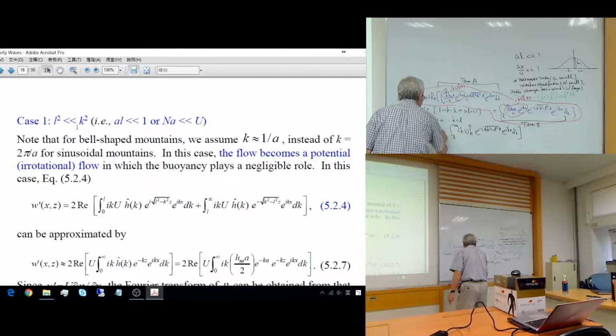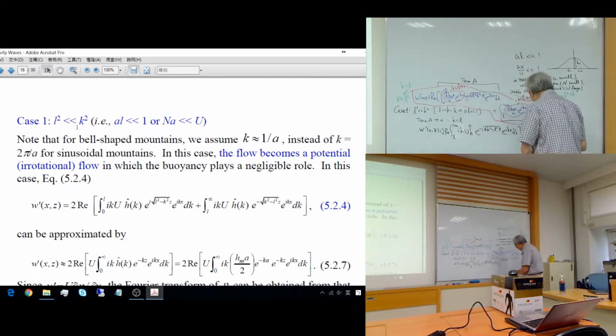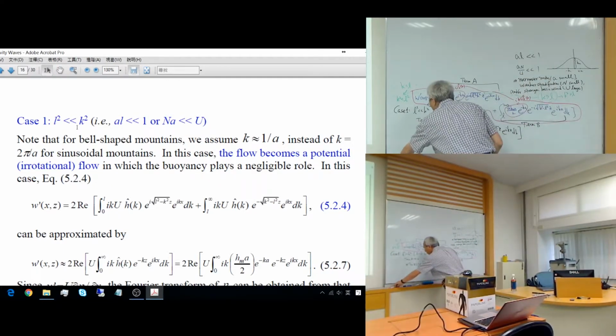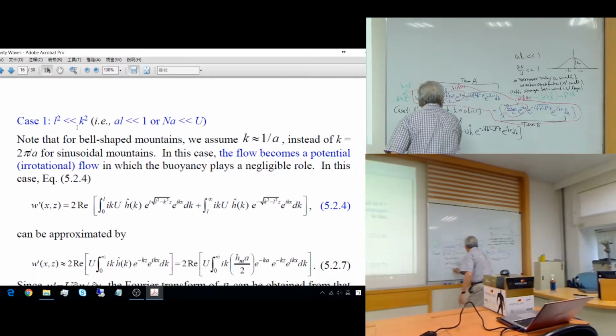We have this equal to 2 times the real part. So that's the solution.